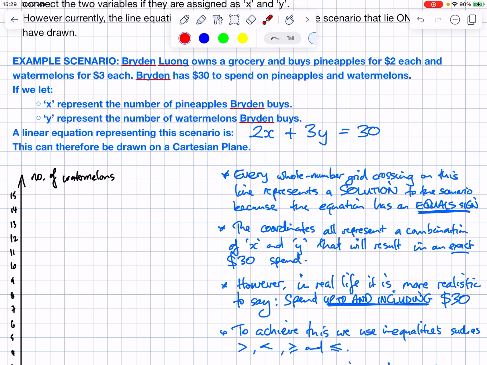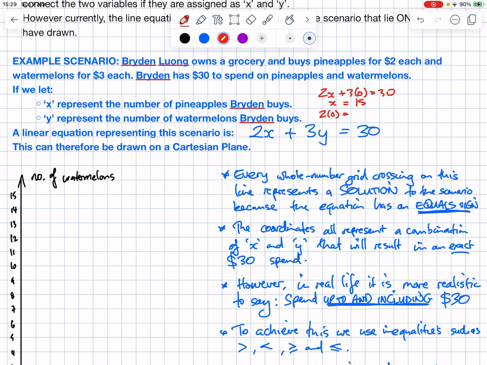This can therefore be drawn on a Cartesian plane, because this is in general form. Just a reminder, to find the x-intercept, you make y equals 0, so 2x plus 3 lots of nothing equals 30. x is going to be 30 divided by 2, which is 15.